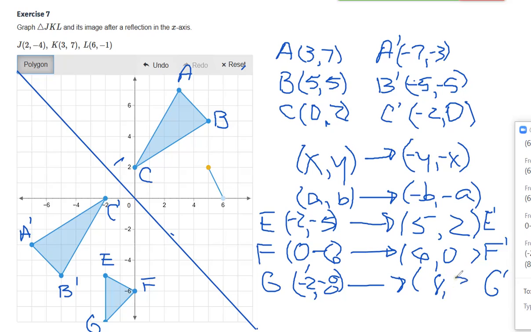We switched them and we made them negative. All right. So the one we've just practiced a bunch of, that's actually the hardest one that we just practiced. This one is reflecting across y equals -x. That's the hardest one.